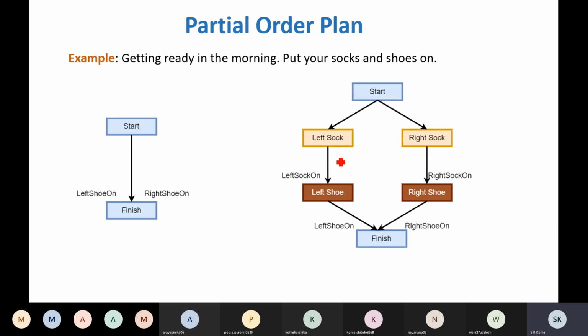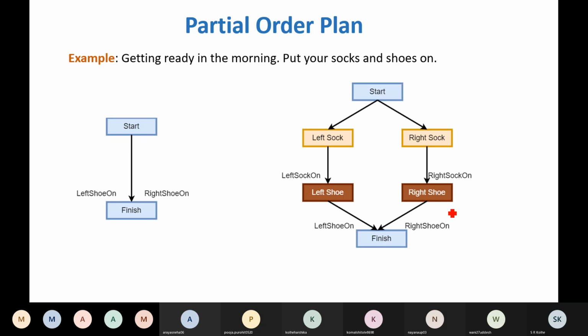If you wear the left sock followed by the left shoe, then left shoe on will be true. If you wear the right sock followed by the right shoe, this sequence is important. The sock has to be performed first and then you can wear the right shoe. So if you wear the right sock first and then the right shoe, then right shoe on will be true.